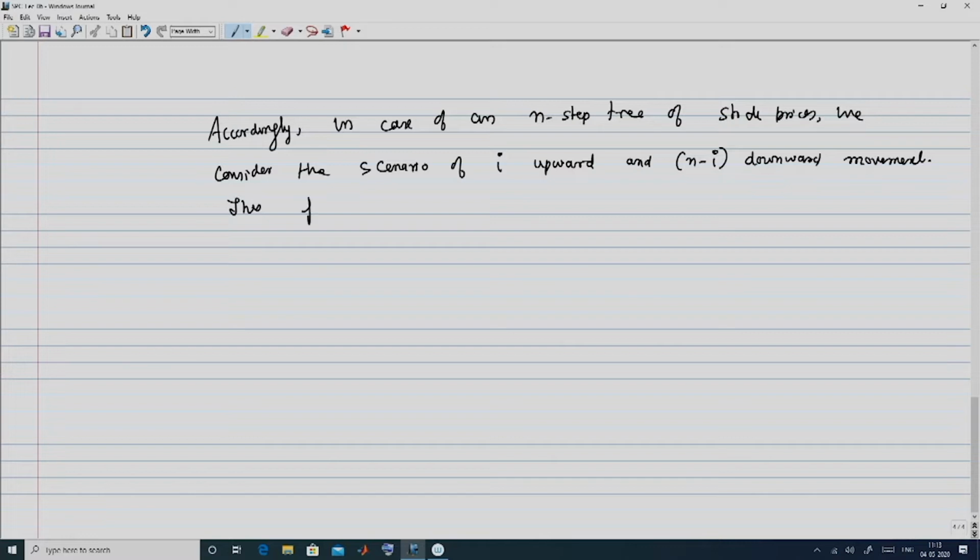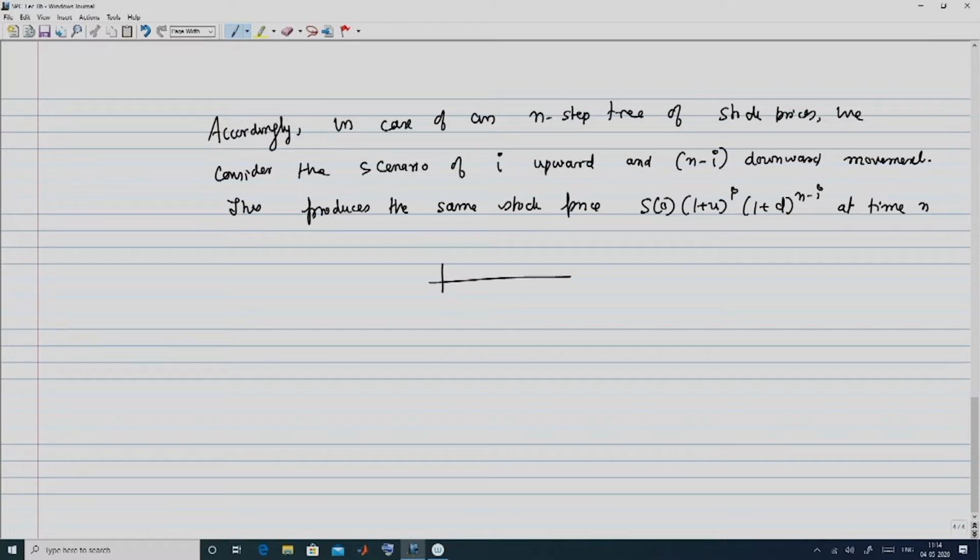So, this produces the same stock price as S0 into 1 plus u raised to I into 1 plus d raised to n minus I at time n.